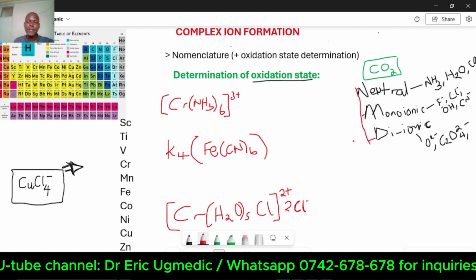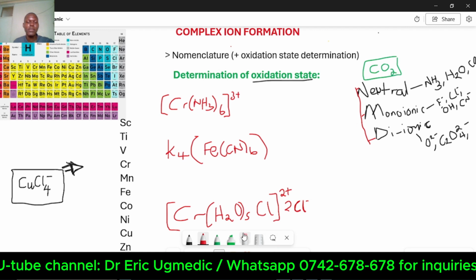Then the other thing is to look at the number of ligands, you get? For example, let's go back to our carbon dioxide. Our central atom here will be carbon. Then the number of ligands, which are the oxygen atoms, will be how many? 2, you get? So here I determine the number of ligands, which are 2.